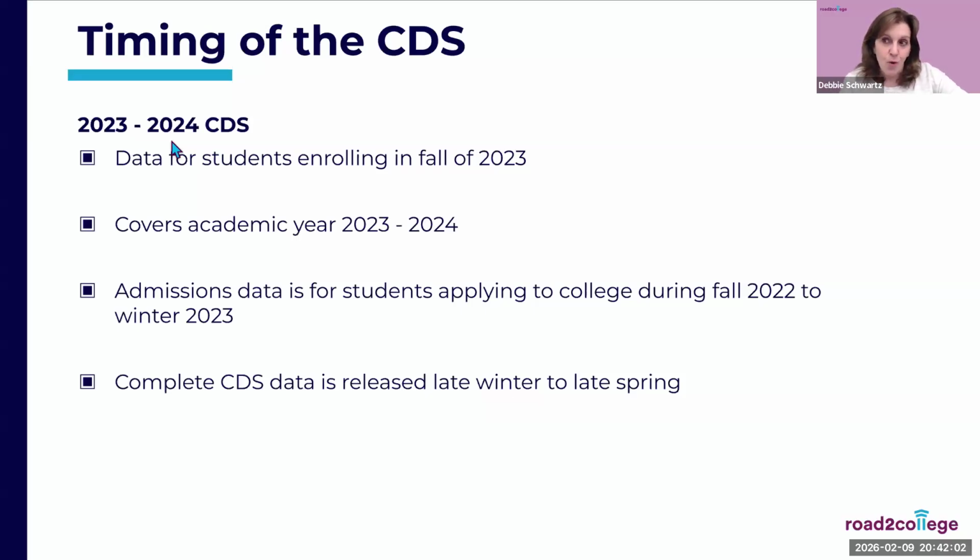If a student enrolled in 2023, that means they sent in their application in the fall of 2022 or the winter of 2023. So the admission data in the Common Data Set is from the admission season of the students who are enrolling in that fall.